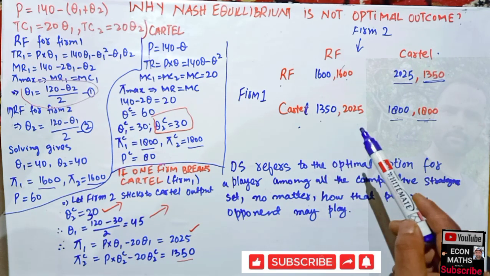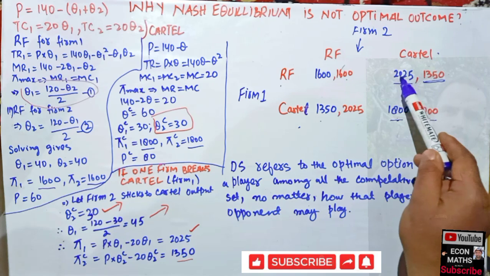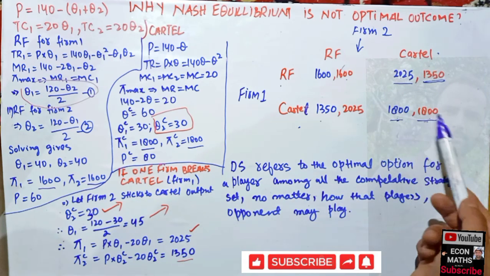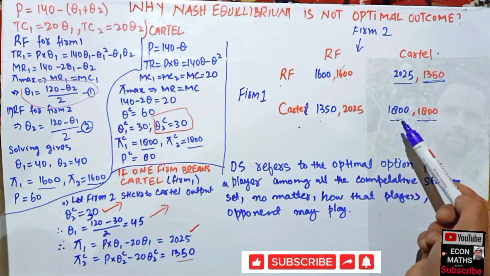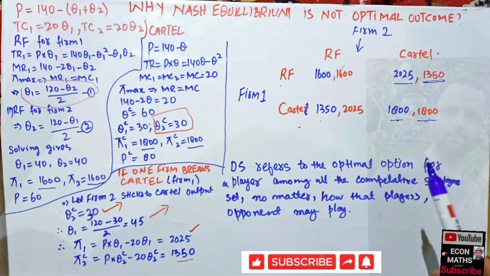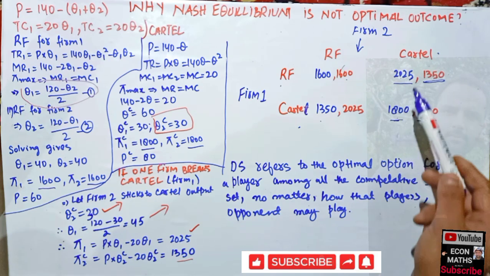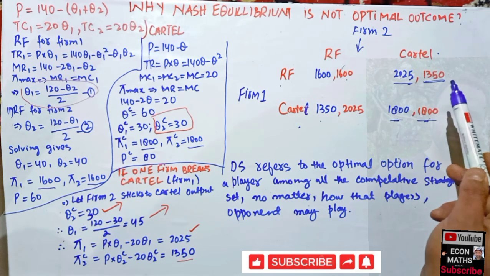So if firm 1 deviates from producing according to the cartel, he gets 2025, which we have shown here. Why is cartel and cartel not the optimal outcome? Because any one firm which deviates from this strategy gains, and the other firm loses.